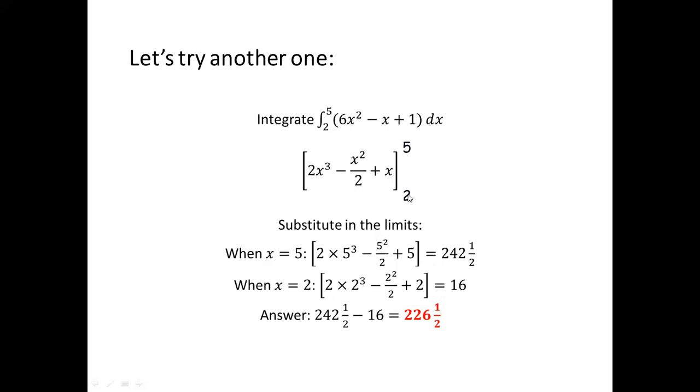If you substitute the lower limit 2, so the x here will be 2, same thing with the x here, and same thing with the x here. The answer is 16, giving you the difference of the value of the function at the upper limit minus the value of the function at the lower limit equal to 226 and 1/2, or 226.5.